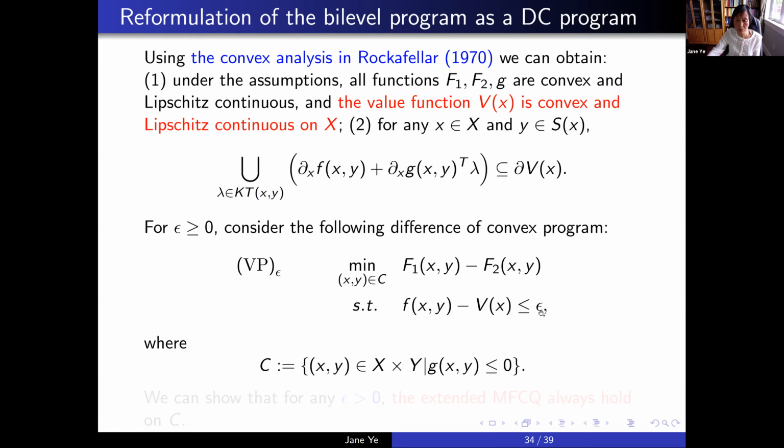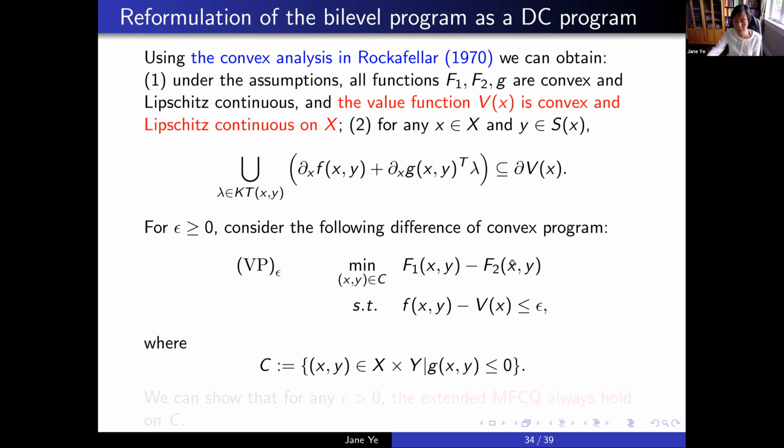And we use epsilon. If epsilon equals 0, then this is the value function, and if epsilon is positive, it means the lower level is just approximately minimal.